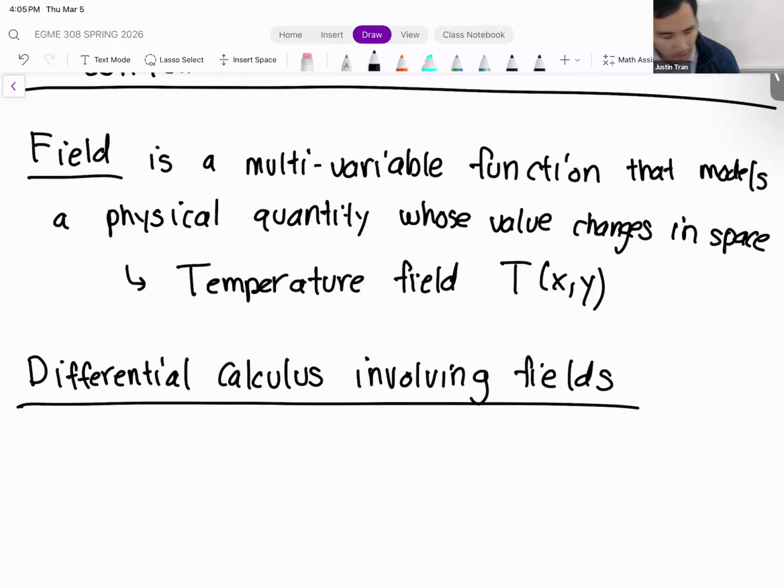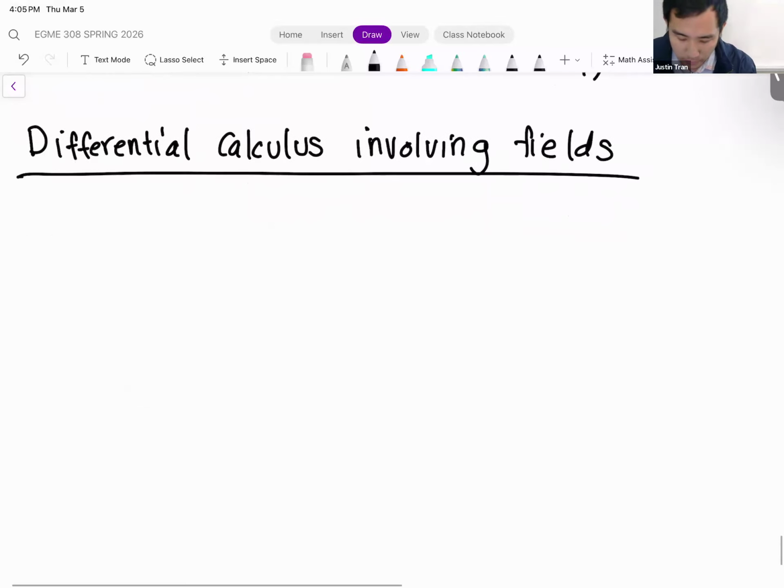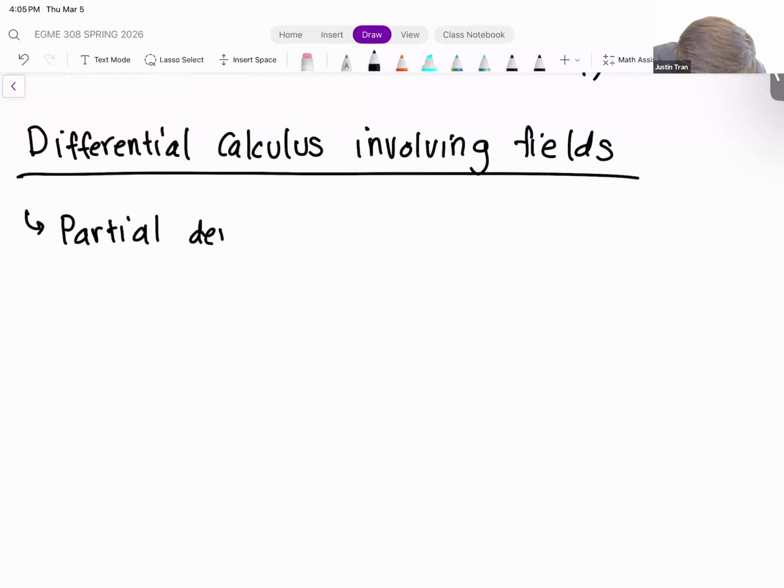So the first concept that we'll go over is the idea of a partial derivative. When you have a function of multiple variables, you can take derivatives of that function with respect to any of the variables involved.